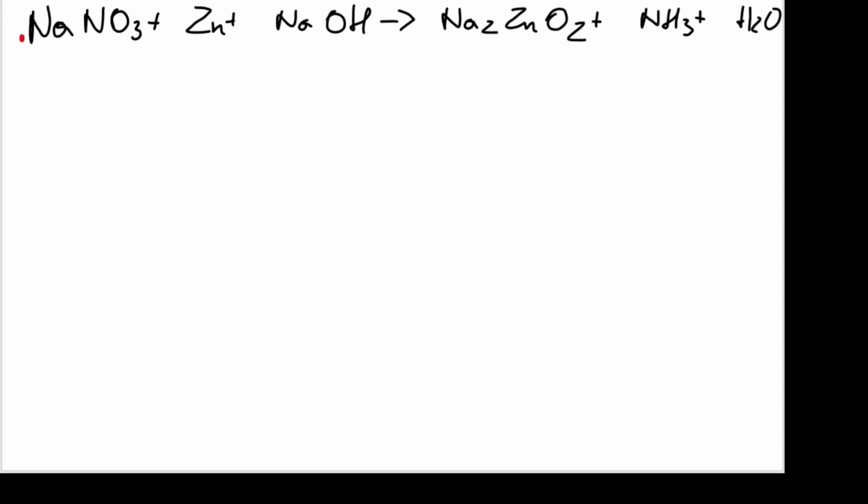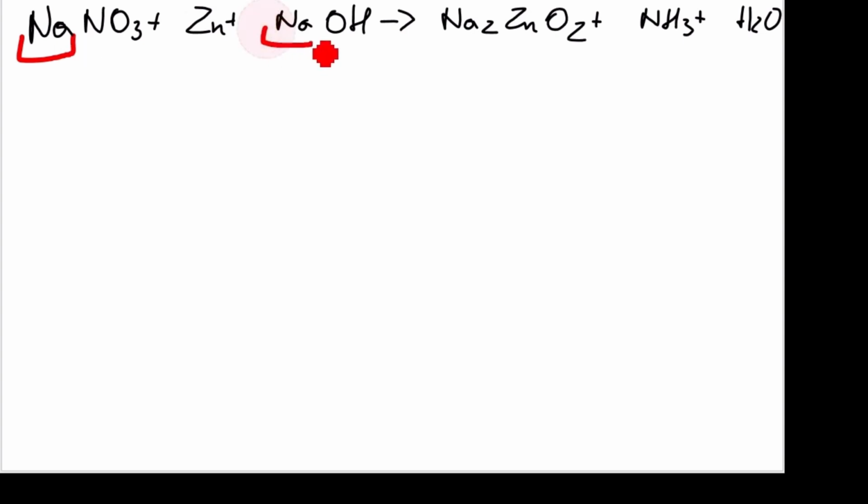So let's start from the sodium. In sodium nitrate, the oxidation state of sodium is equal to +1, because the nitrate anion oxidation state is equal to -1. This is a neutral particle.